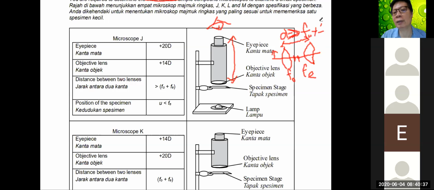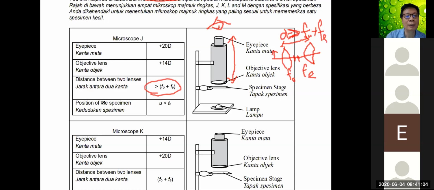Can you all see or not? Can. This distance must be bigger than FO plus FE, because FO is here and FE is here with this gap. So remember: this one is correct, bigger than FO plus FE.